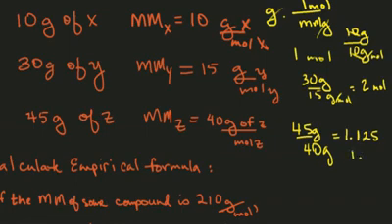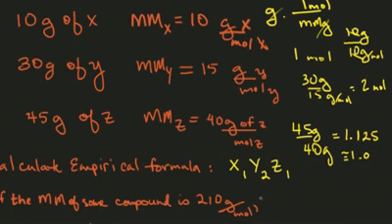So 1.125 can be approximately 1.0, which then would give you an empirical formula X, Y, Z. Because the smallest one is 1 here, and when you divide 2 by 1 you get 2, so it'd be 1, 2, and 1.